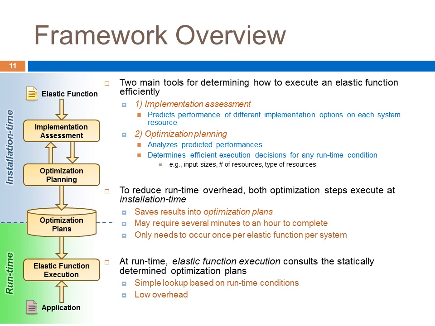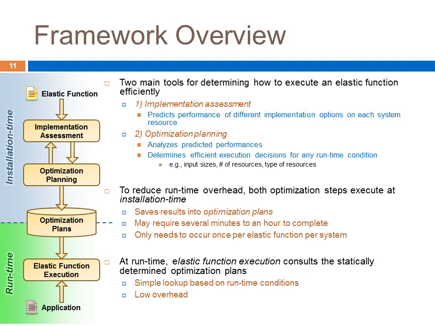There's basically 2 main steps for determining how to efficiently execute any elastic function. The first step is what we call implementation assessment. And this is basically responsible for predicting the performance of every implementation option on every system resource. And the second step is what we call optimization planning.